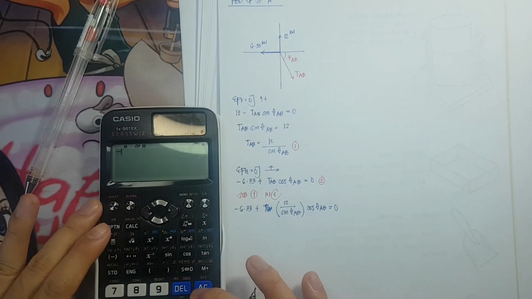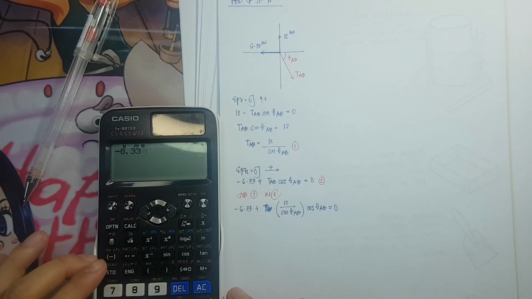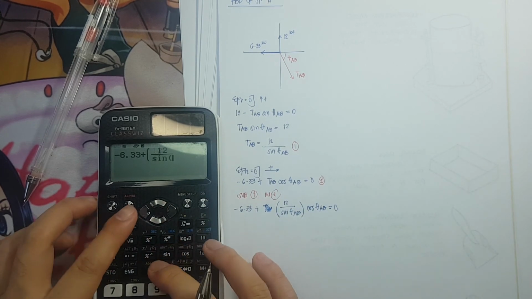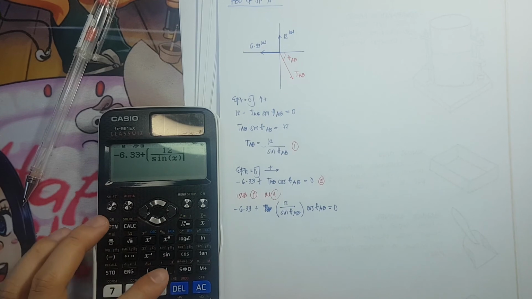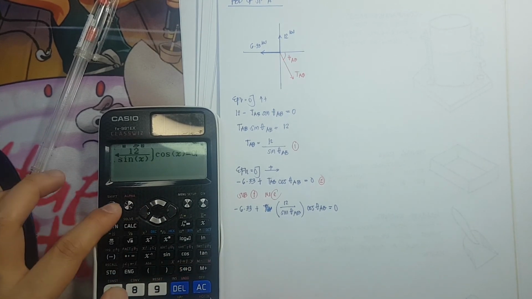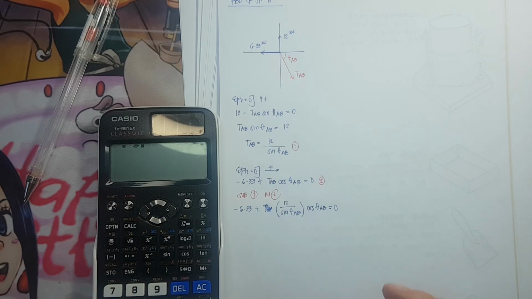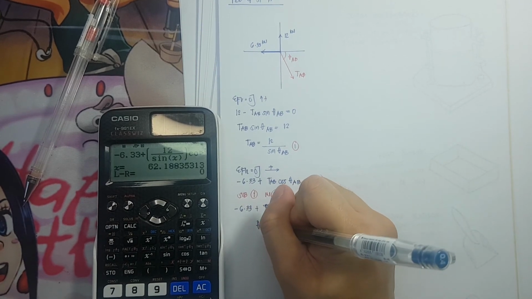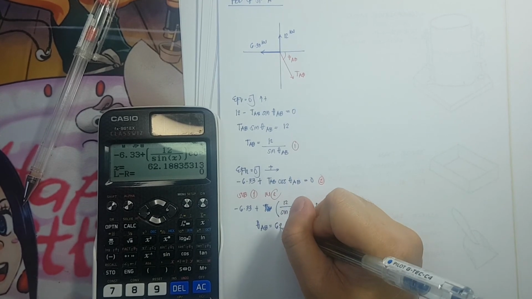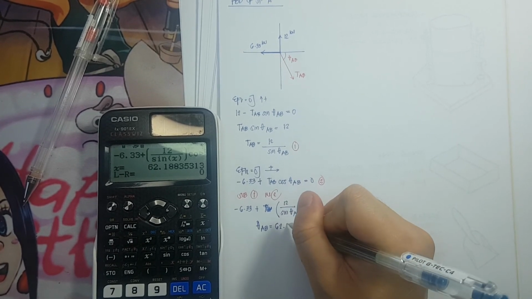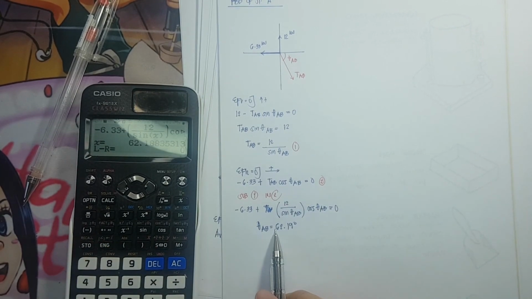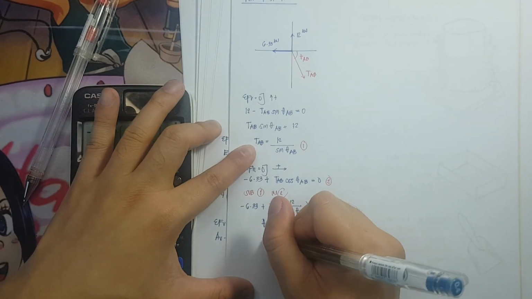We have negative 6.33 plus 12 over sine alpha x times cosine alpha x is equivalent to 0. Then theta AB is equivalent to 62.19 degrees. Okay, so substitute this value to your first equation.